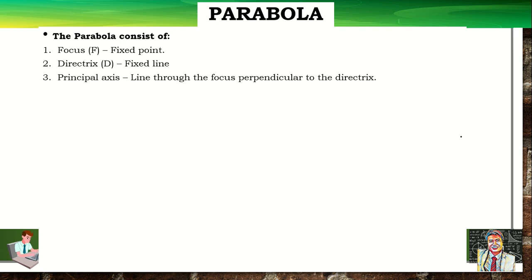For example, let's say in a Cartesian plane, merong given parabola. Let's say, a given parabola opens upward. Meron daw siyang principal axis perpendicular to the directrix.